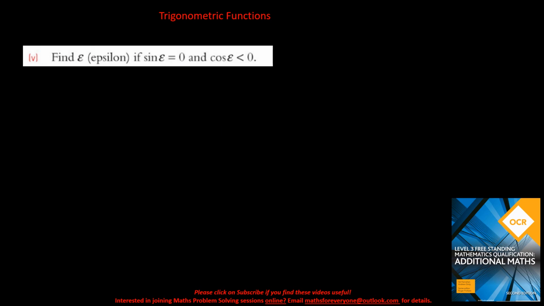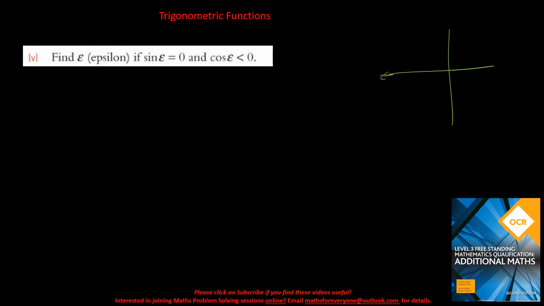And the next one, find epsilon. So how will I find epsilon? So sine epsilon is 0, cos epsilon is less than 0. So if that's the case, once more I will have to draw the quadrants. Sine epsilon is 0, so it's 180 degrees, it's touching, isn't it?